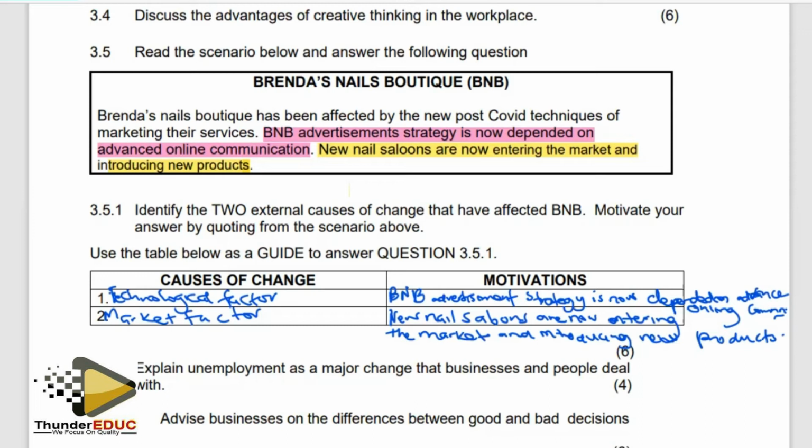That is a new technology which has come up after COVID. Another factor here is the market factor. New nail salons are now entering the market and introducing new products. That is the motivation for the market factor.